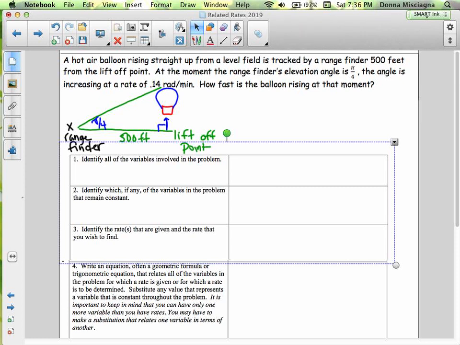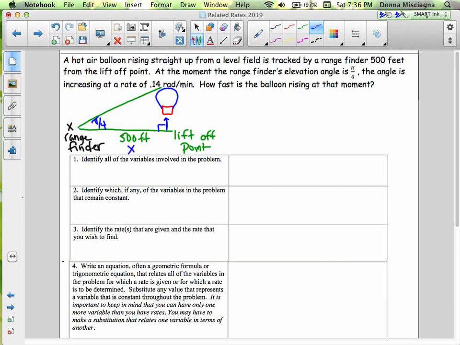Well, let's write down our variables first of all. Let's call this x. That's the adjacent side. It's adjacent to our angle. So let's call this y. Y is the opposite side. We don't need the hypotenuse right now because we've got two sides.